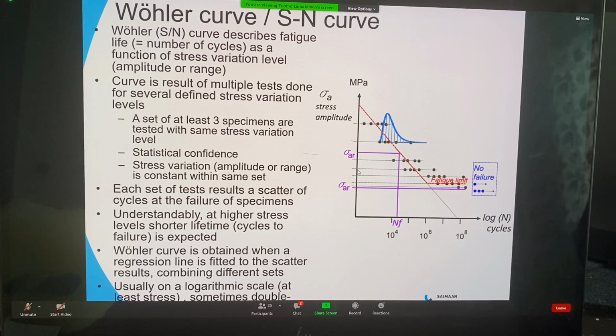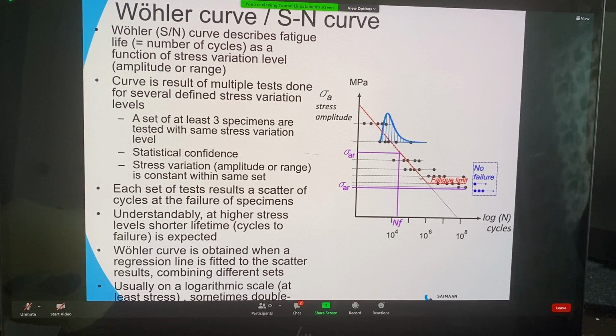Again, a new test with a lower level, again 5 results, a bit higher lifetime on average, and again and again. In the case of steel, we typically reach a point below which the specimens do not exhibit failure, which means that they would basically last more or less forever. And that gives us the key point in this curve, and that is called the fatigue limit.